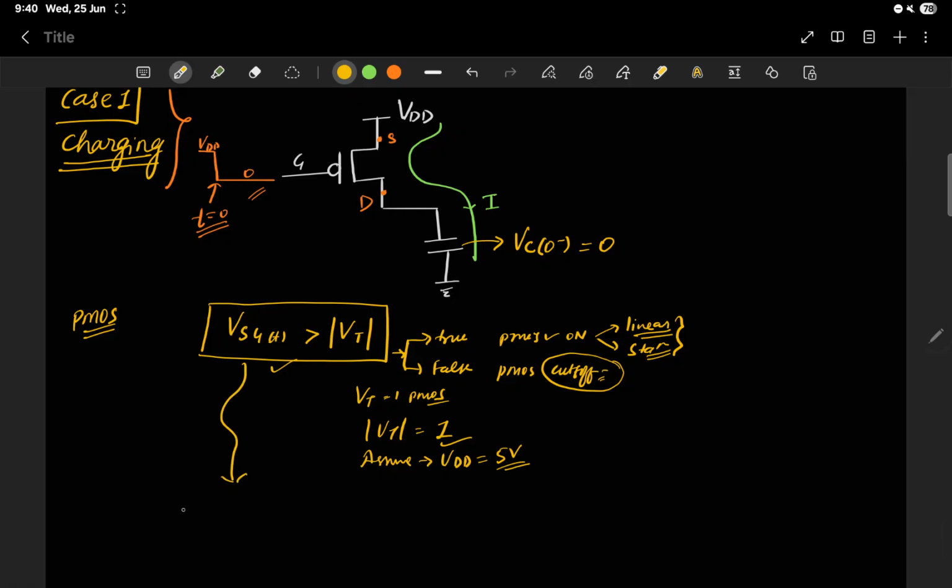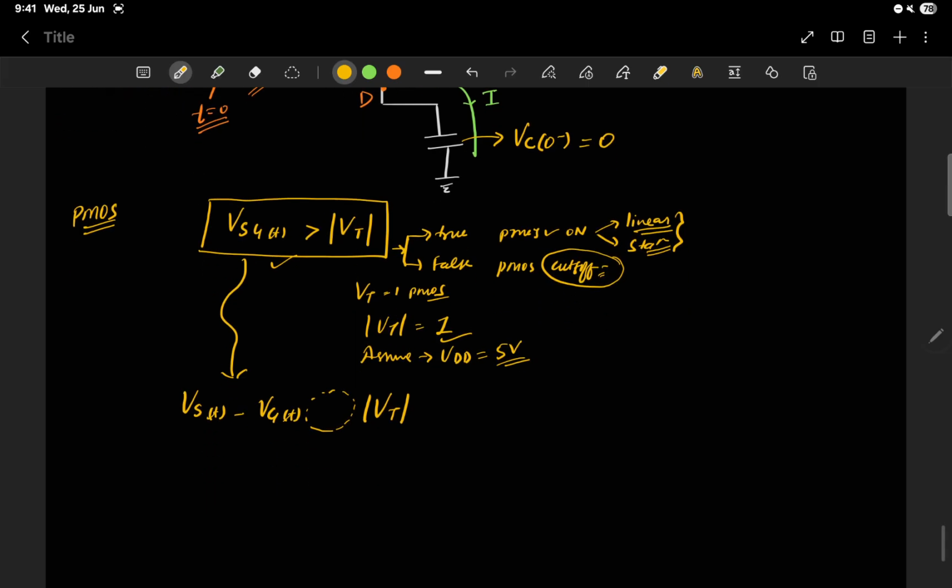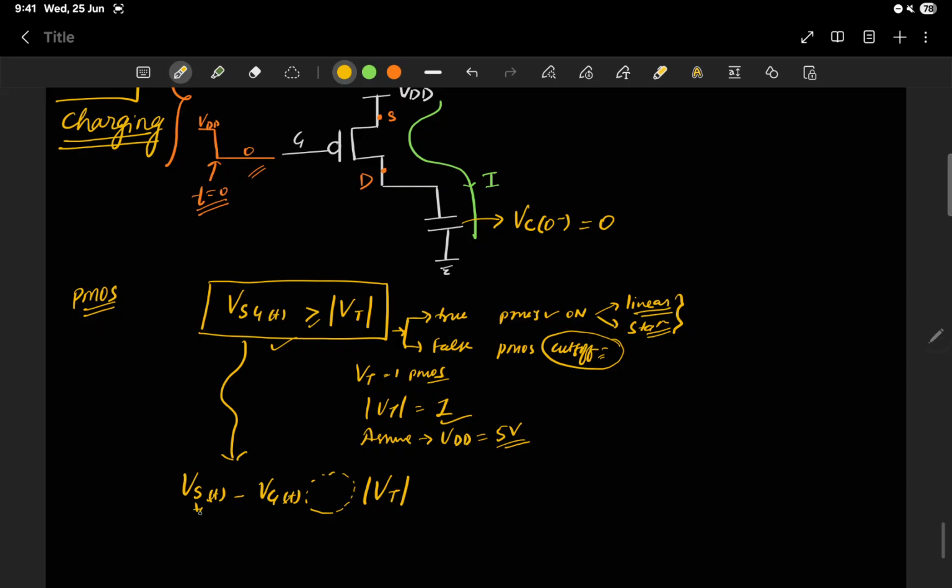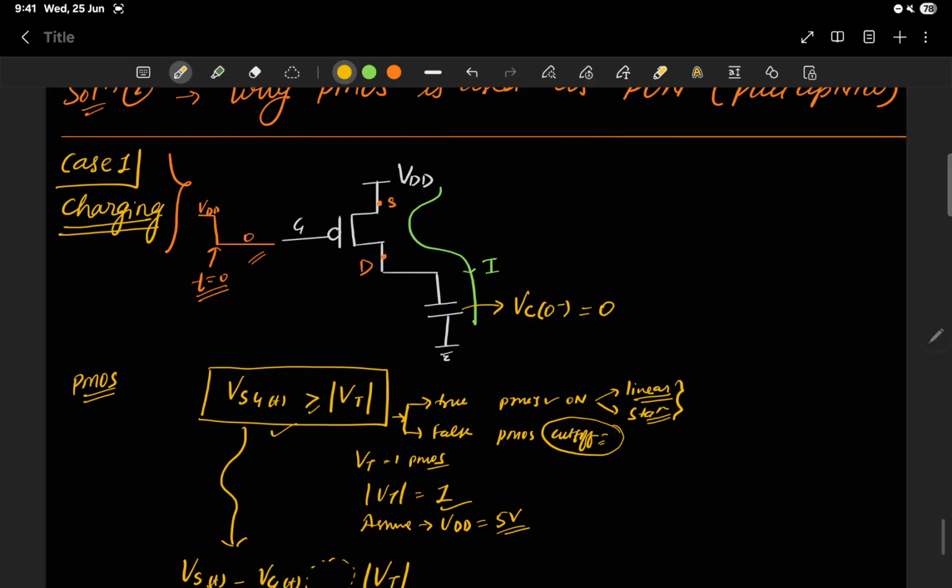So let's solve this. Vs of t minus Vg of t, and here it is mod Vt. We don't know which inequality will come here. If this holds, then it is true. So let's suppose, what is Vs of t? This is basically the source, so we will go to the source. This is my source, and on my source VDD is applied.